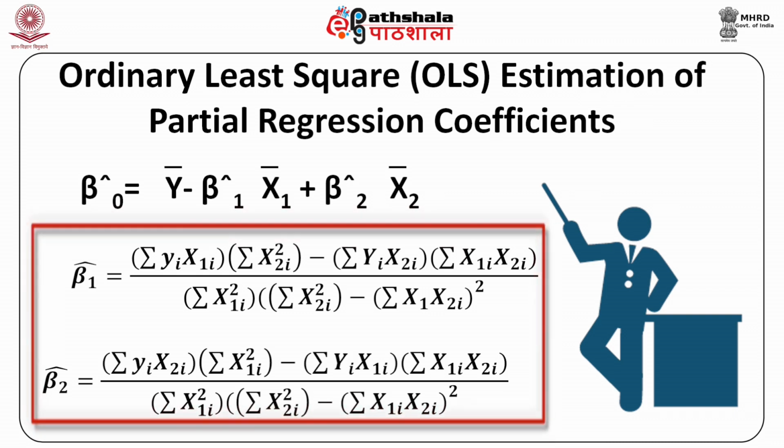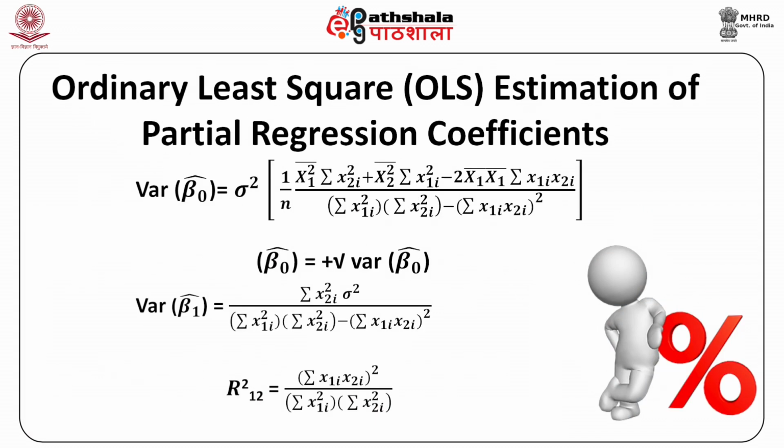Beta hat 2 is equal to summation yi x2i into summation x squared 1i minus summation yi x1i into summation x1i x2i, all over summation x squared 1i into summation x squared 2i minus summation x1i x2i the whole squared.